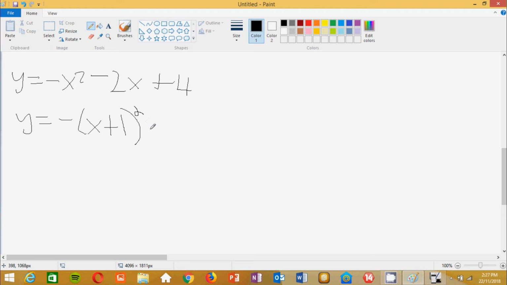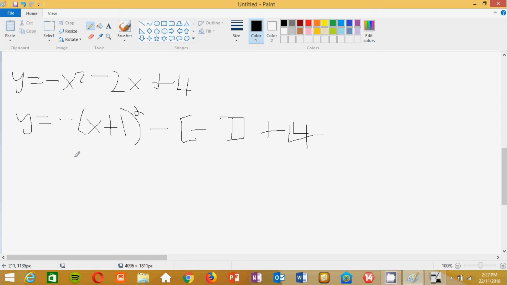Everything else is just going to be the same. Minus, I put the big brackets there, and then I take the plus 4 as it is. Inside here, it's going to be positive 1 squared multiplied by negative 1. Positive 1 squared is just 1, multiplied by negative 1, I just get negative 1.